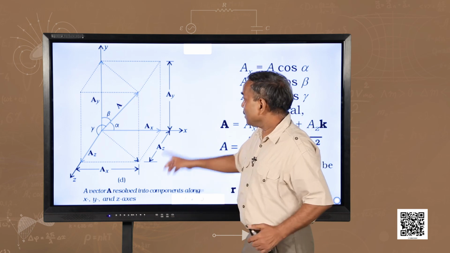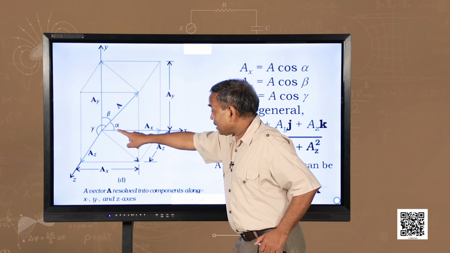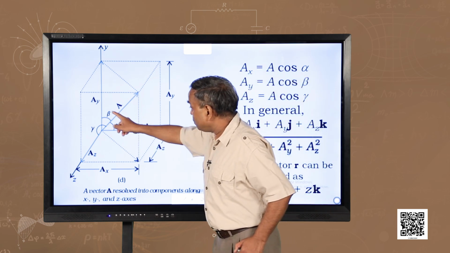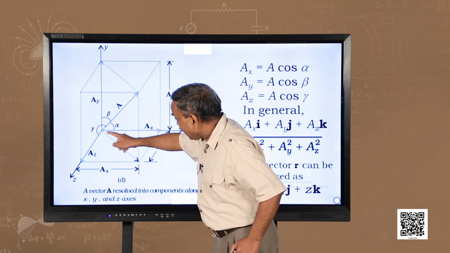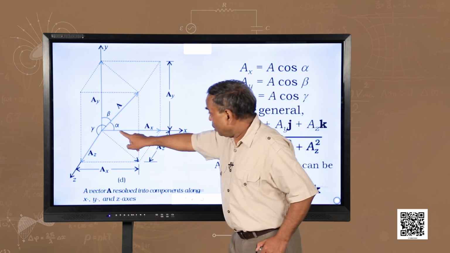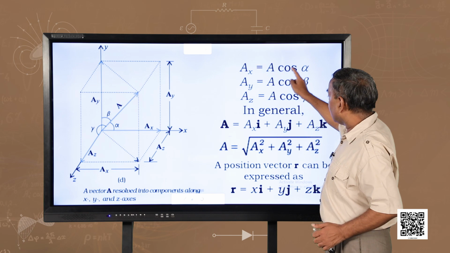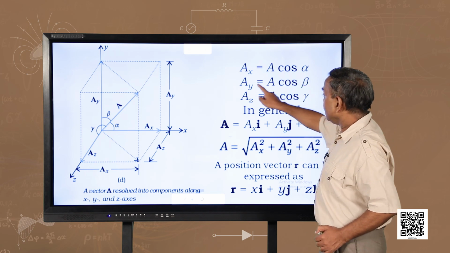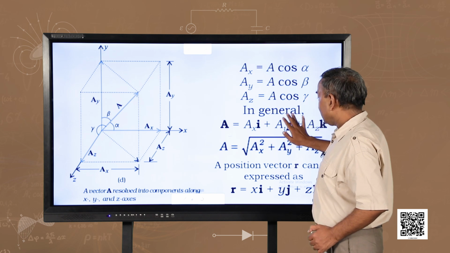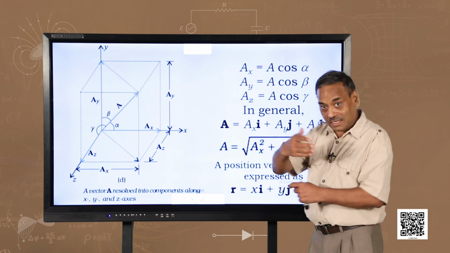The situation is that we have x axis, y axis and vector A. This vector A makes an angle alpha with the x axis, angle beta with the y axis and angle gamma with the z axis. If I try to resolve it, I will find Ax is equal to A cos alpha, Ay is equal to A cos beta, Az is equal to A cos gamma, and in general I can write A is equal to Ax i plus Ay j plus Az k as I did last time.